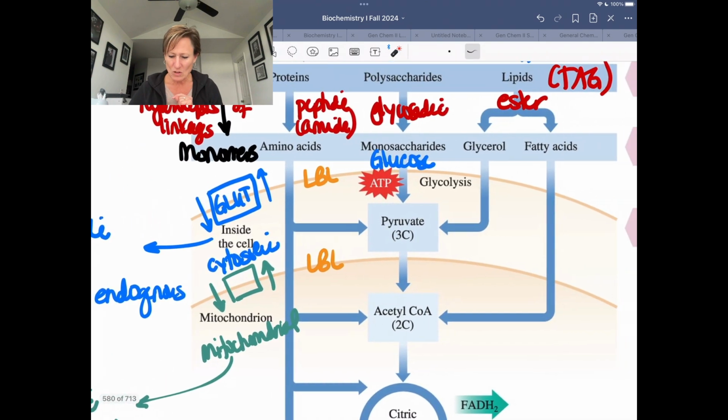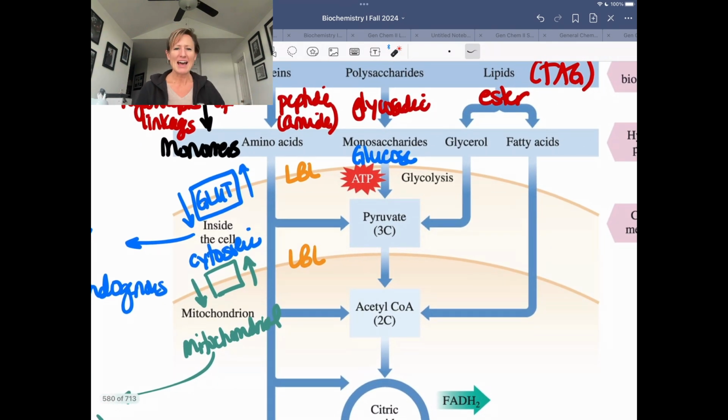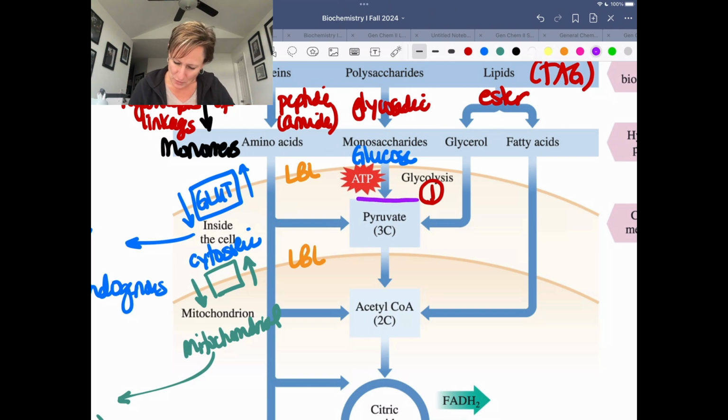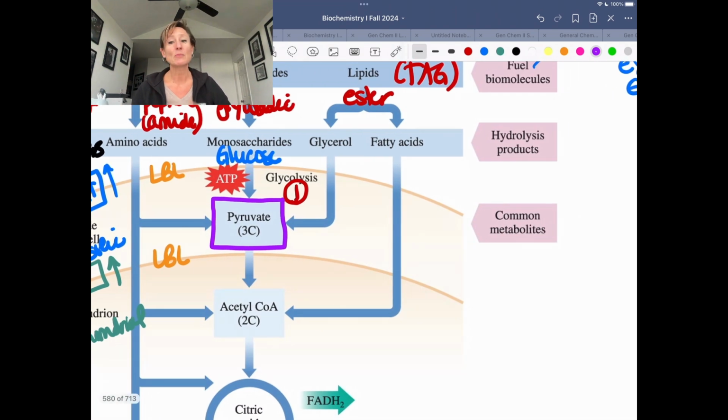Okay, so coming back here, we're going to again highlight these 4 steps. The first one is glycolysis. Glycolysis converts glucose to pyruvate. I'm going to choose purple here to highlight different points where we have substances that we call branch point metabolites.